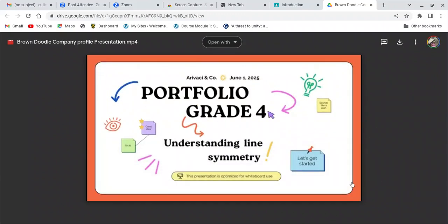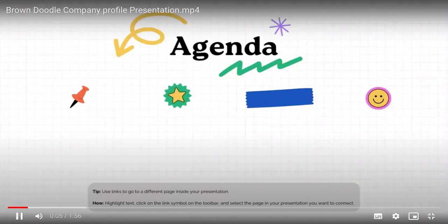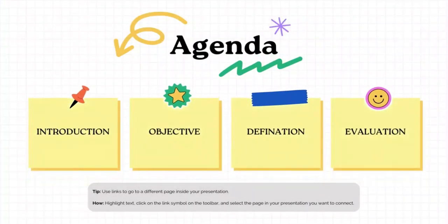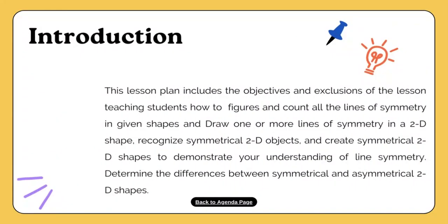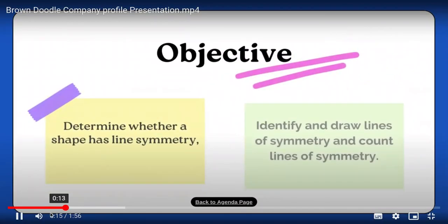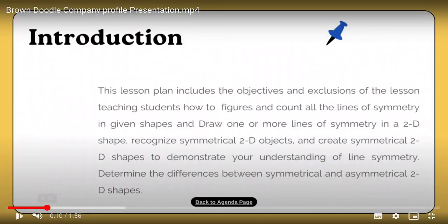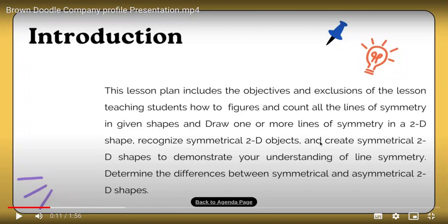So this is the beginning of my lesson plan: my agenda, then introduction, objective, definition, evaluation. This lesson plan includes the objectives of the lesson: teaching students how to count all the lines of symmetry in a given shape, which has already been covered by my friend.